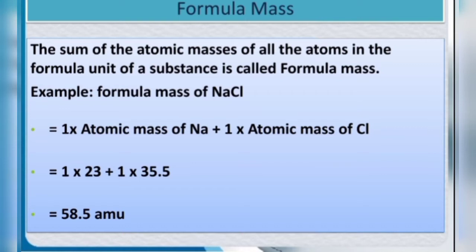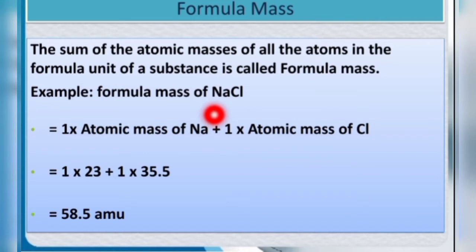So, if we want to calculate the formula mass of NaCl, in NaCl, Na is the positive part and chlorine is the negative part, sodium chloride. So, if we want to calculate the formula mass of sodium chloride, what we have to do? Atomic mass of sodium plus atomic mass of chlorine.